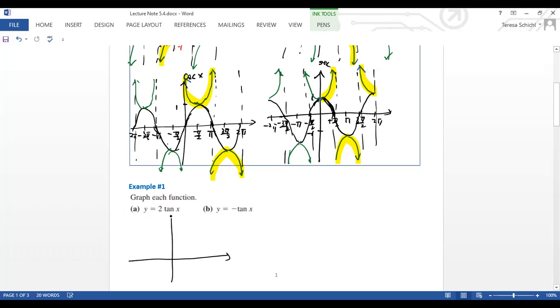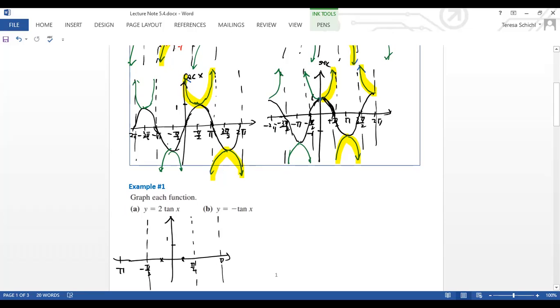Okay, so go to your parent function. Here this is pi over 2, this is pi, and this is negative pi over 2, this is negative pi, right? Here's 1, here is pi over 4.